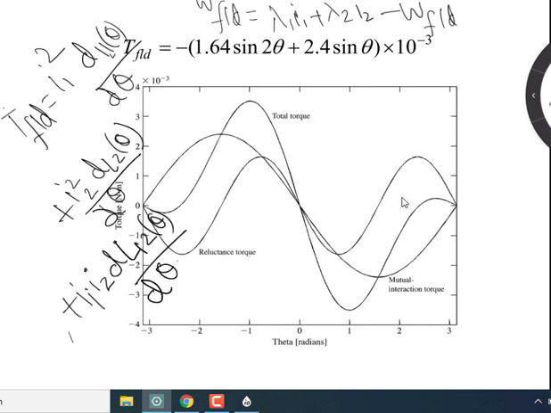The interesting thing here is that the expression of torque is given. Just let me clear this board once.